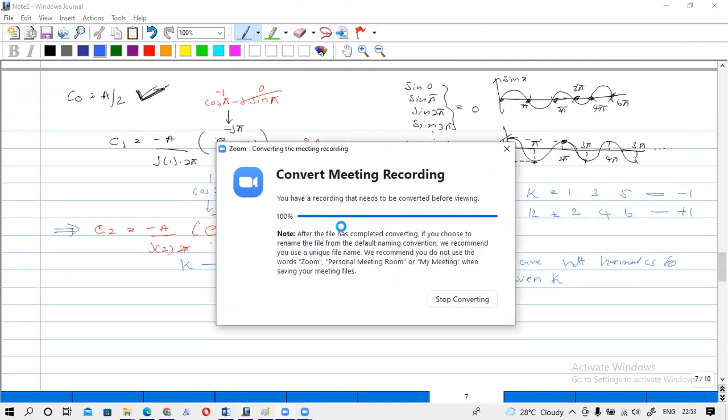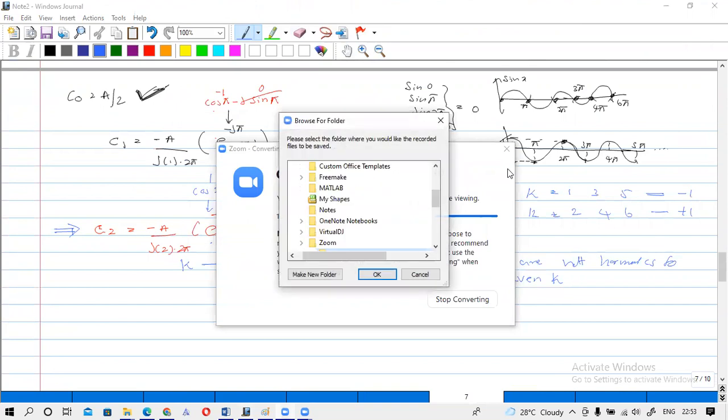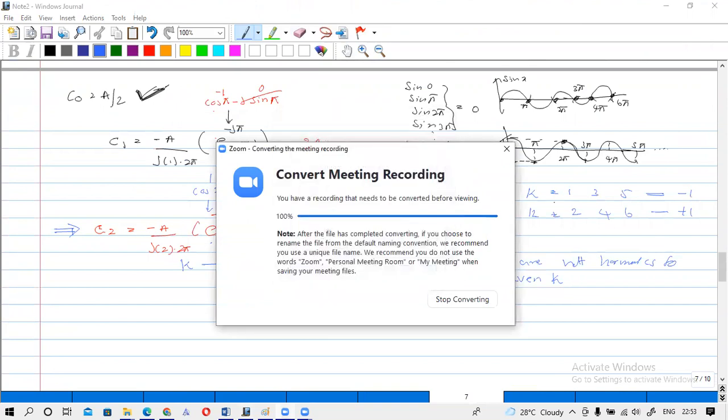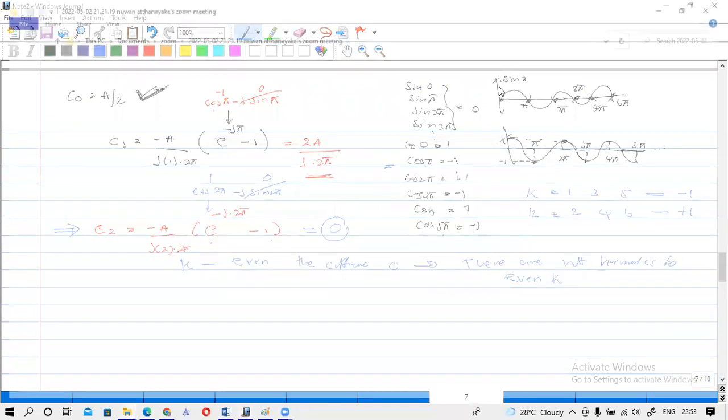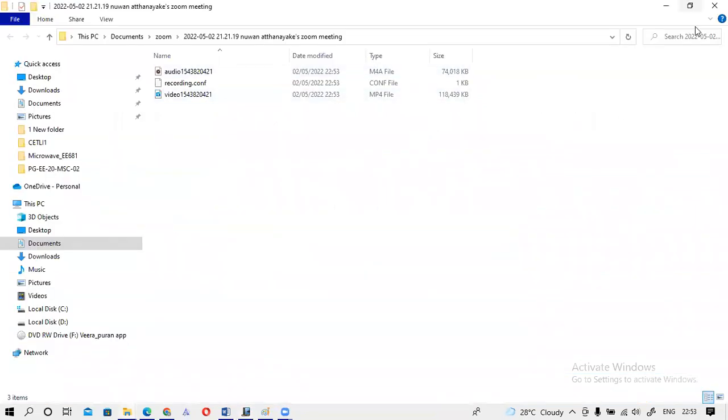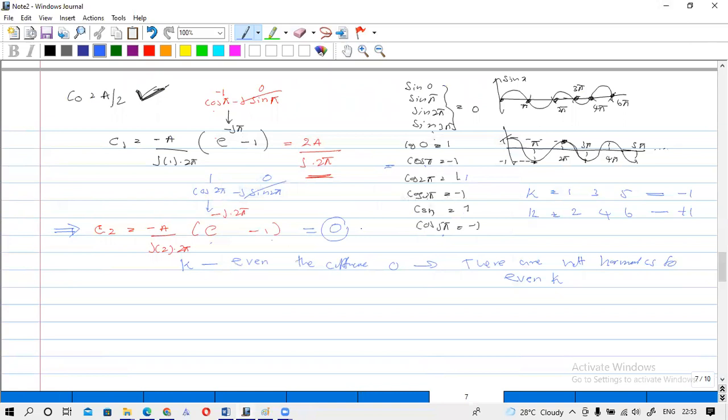So we have proved that the even harmonics are not there. To estimate that one, we have to consider this sinusoidal wave and cos waveform.